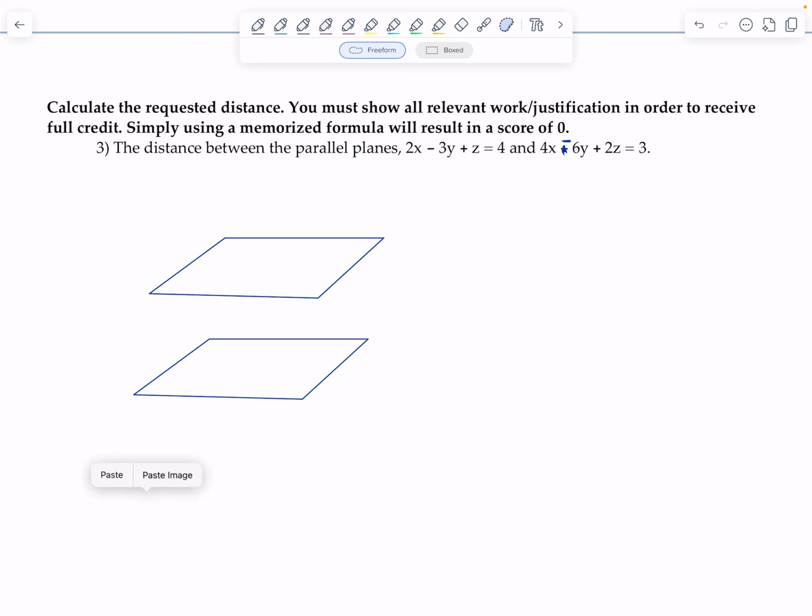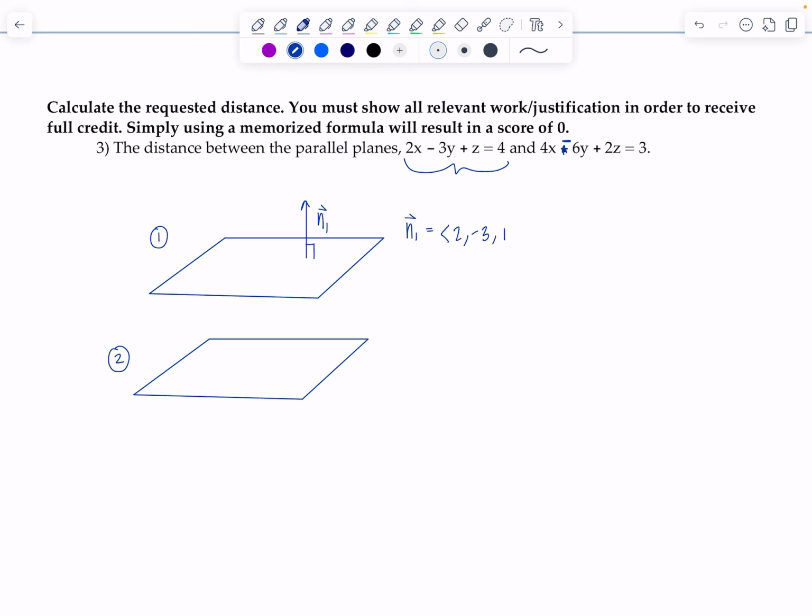Okay, so let me draw a picture as part of the justification. So we want the distance between these two planes. I'll call this plane 1. This is plane 2. So we can extract the normal vector to plane 1 by looking at the plane equation. Normal vector 1 has components 2, -3, 1.